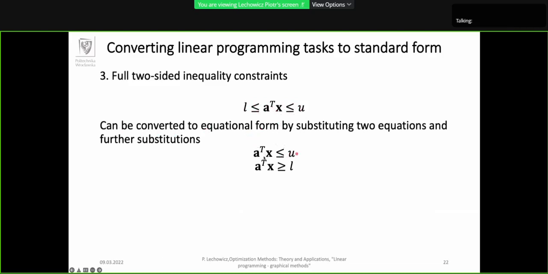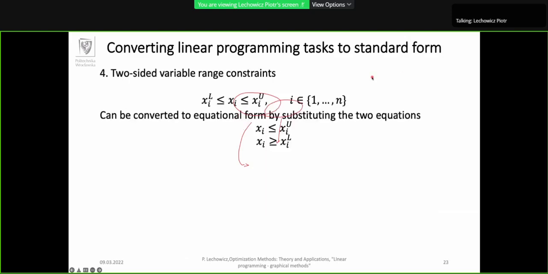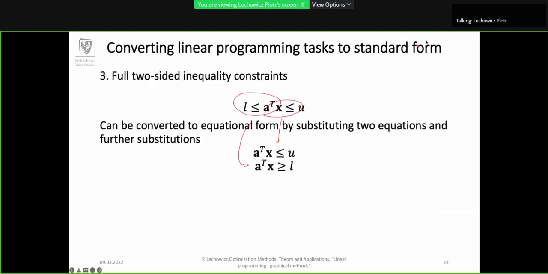Firstly, we are considering this part of the equation, then we are considering this part of the equation as a second constraint, and we are introducing additional variables. So in such a case, we have A transposed multiplied by x plus z1 has to be lower or equal than u.